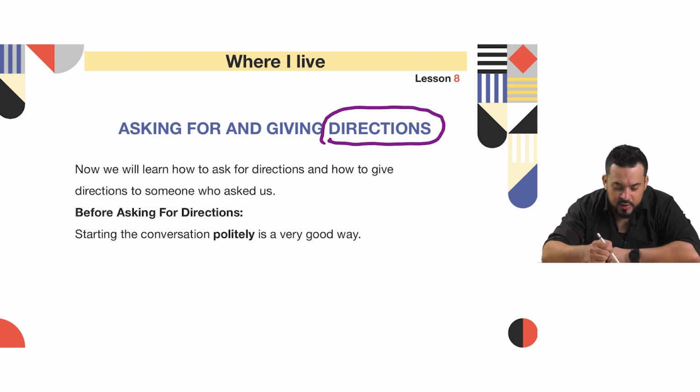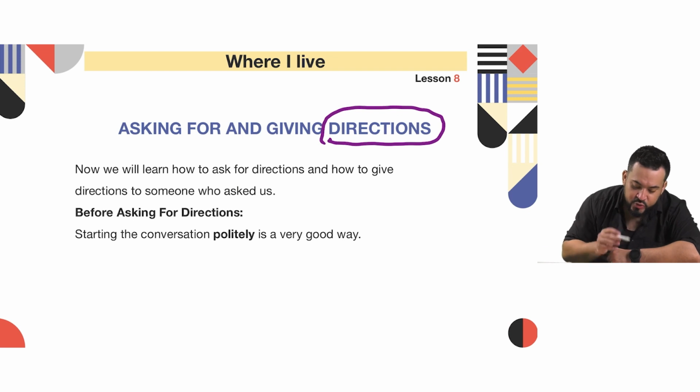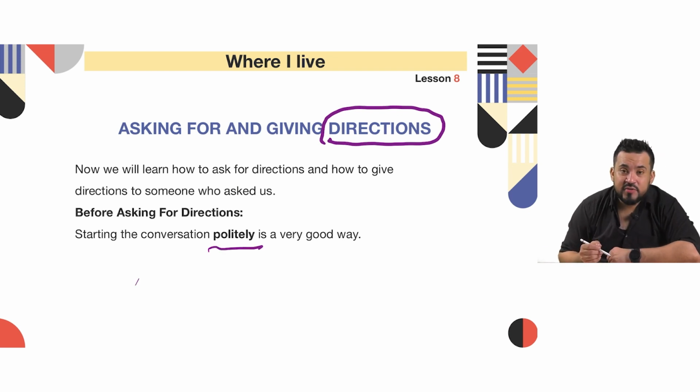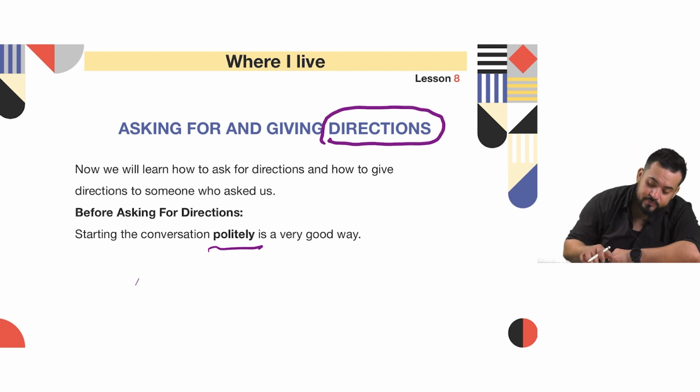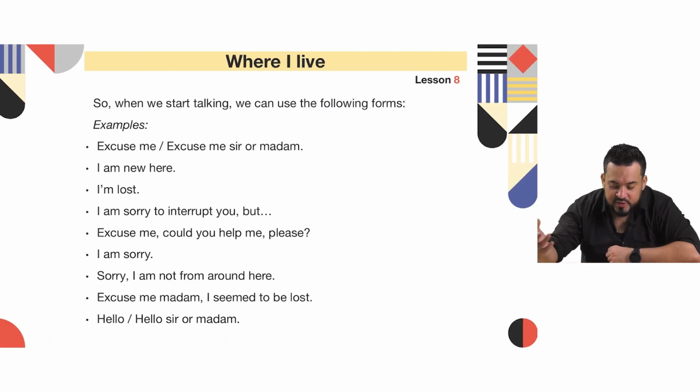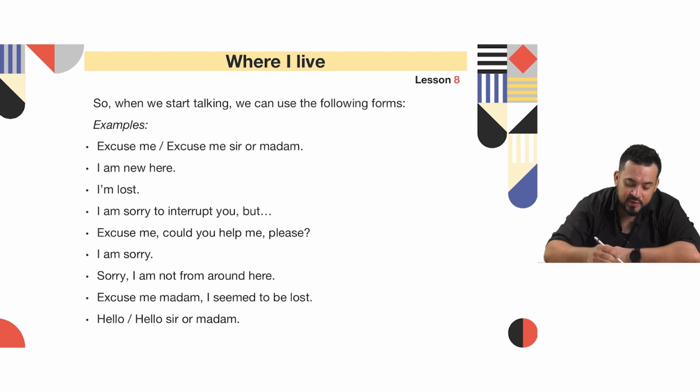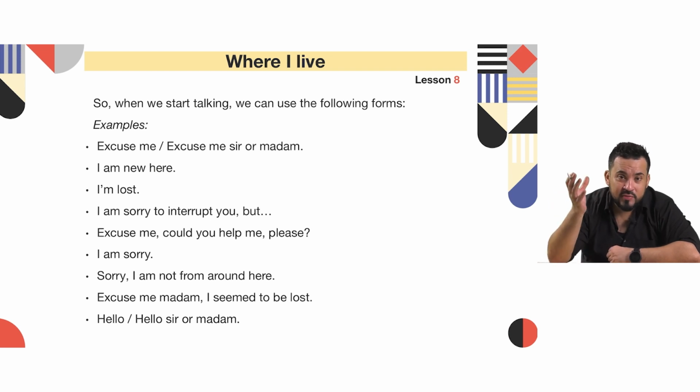Okay, so before asking for direction, you need to remember that you have to always start the conversation politely. Okay, so let's take an example. It's a good choice to go with excuse me, which is a basic and polite phrase used for getting someone's attention.